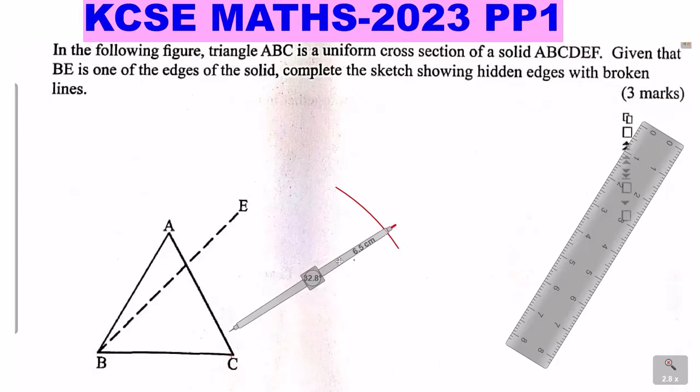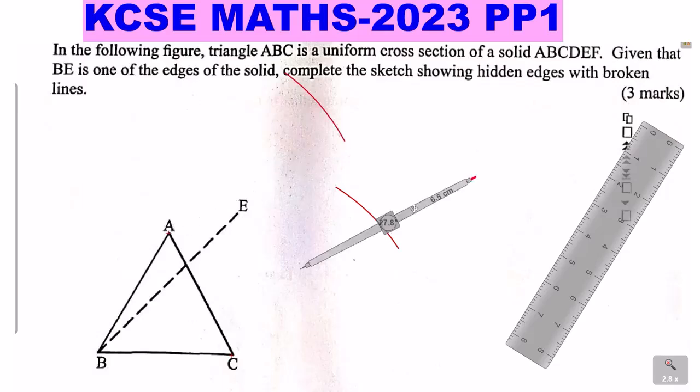Then from there, with the same length, you stand at A with the pair of compasses, and you also mark another arc there. So by that you will have two measurements.